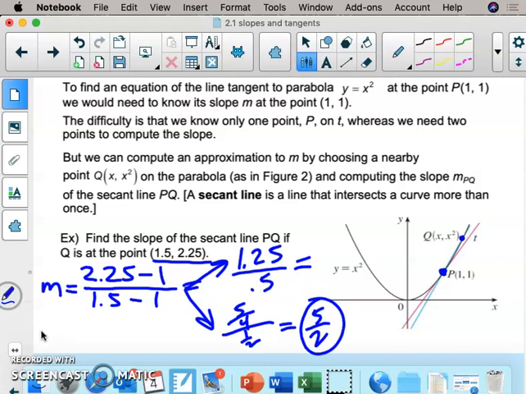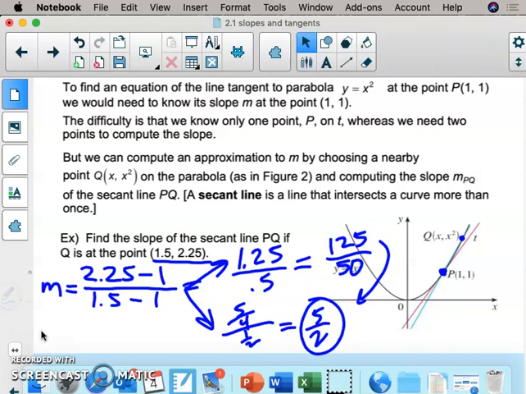You can multiply top and bottom by 100, right? You can multiply top and bottom by anything as long as it's the same. So if I multiply top and bottom by 100, I get 125 over 50. And then if I want to reduce, I just divide both sides by 25 and I end up with 5 halves. Either way, to get rid of decimals, it usually means multiplying top and bottom by a multiple of 10.